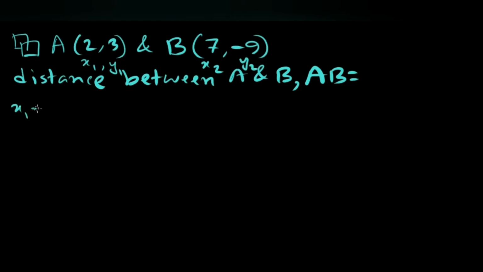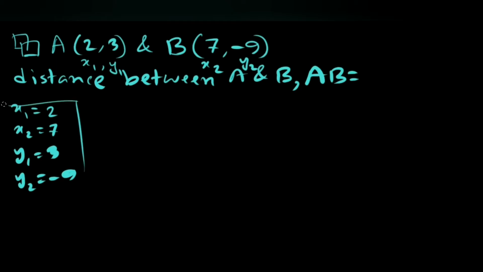We can write in a corner also, just for understanding, x1 is 2, x2 is 7, y1 is 3 and y2 is negative 9. This is for placing the values. So what will happen, we'll just write the formula.